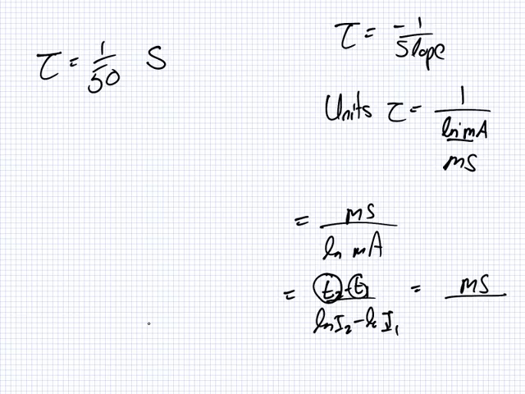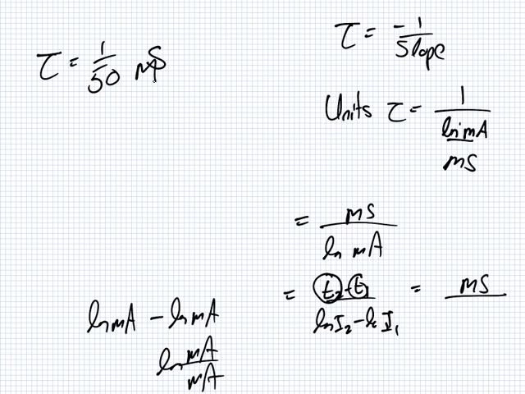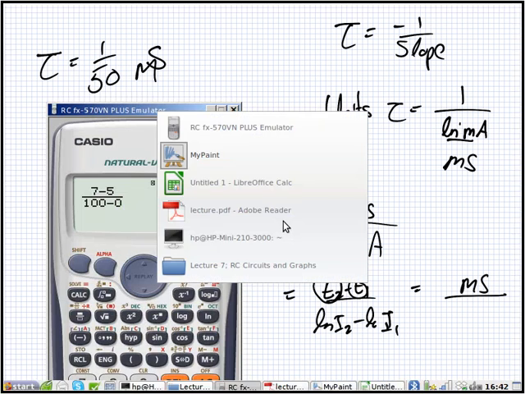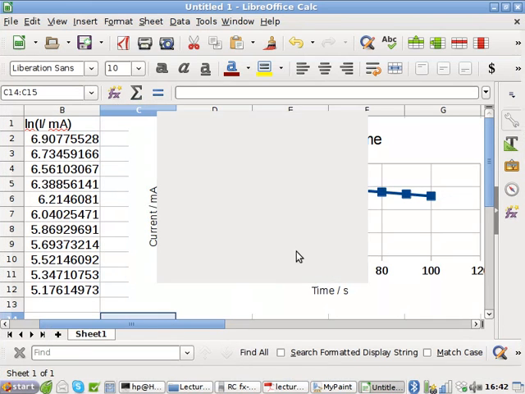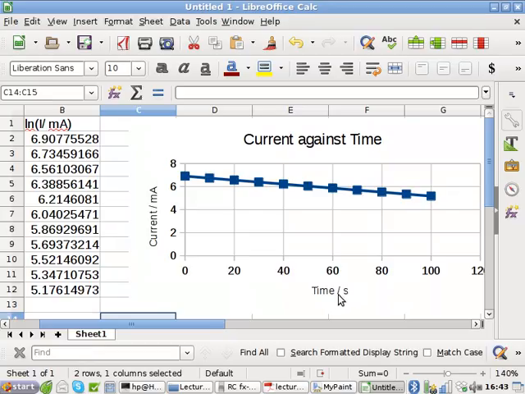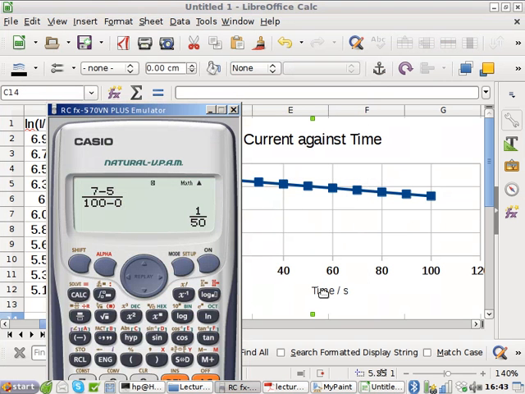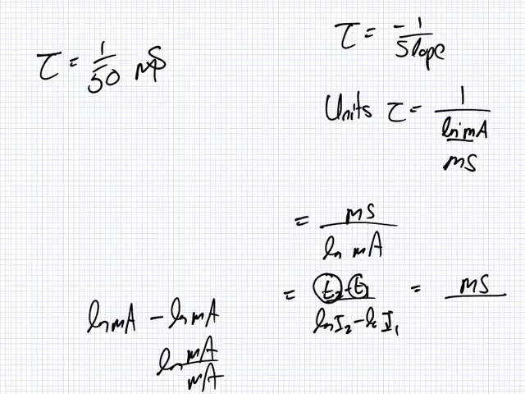It's a bit weird, but it's log milliamps minus log milliamps, which is log of milliamps over milliamps. So actually the unit is milliseconds. In other words, the unit for the time constant is always the same unit as the time. That actually should say milliseconds. Anyways, it doesn't matter. We have it as 1 over 50 milliseconds.